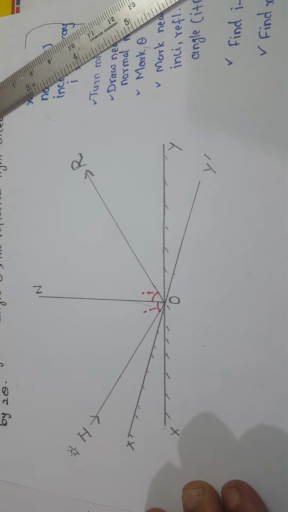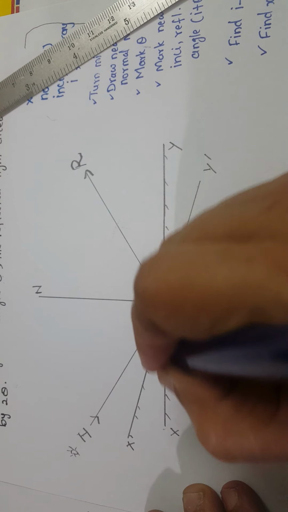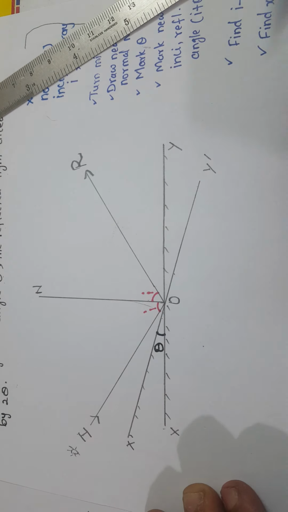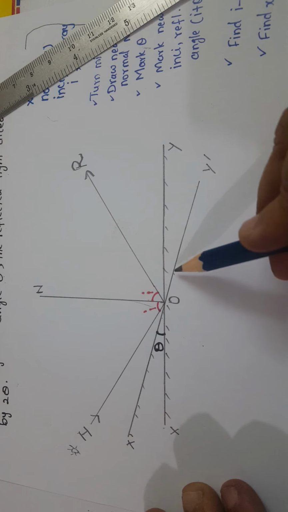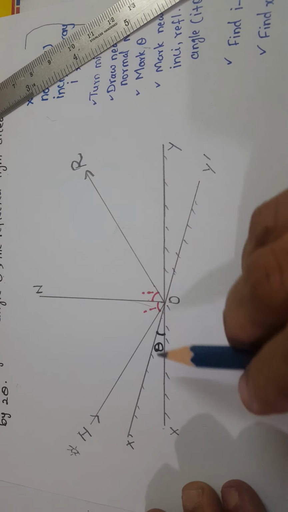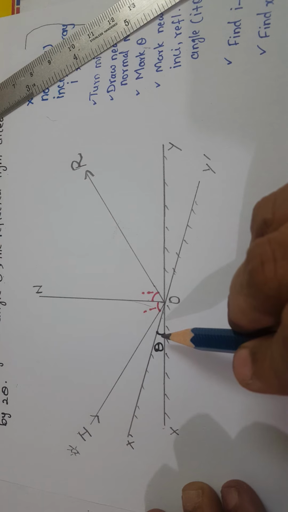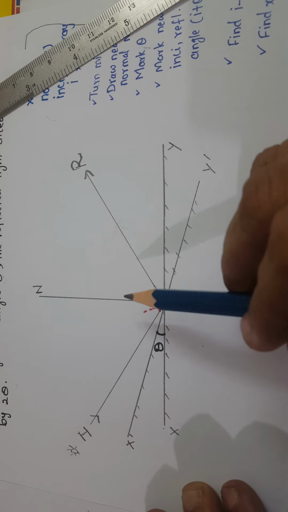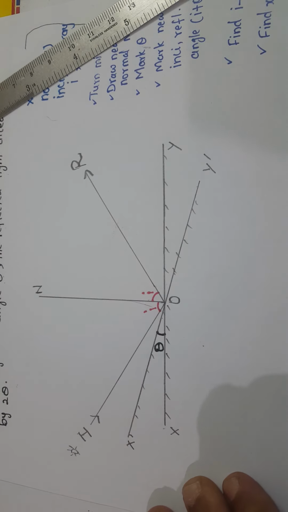So how much angle have you rotated? Theta. You have rotated through an angle theta. If you rotate the mirror through an angle theta, what happens to the normal? It will also shift through the same angle, right?